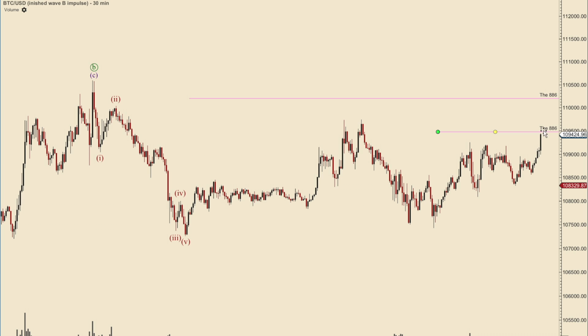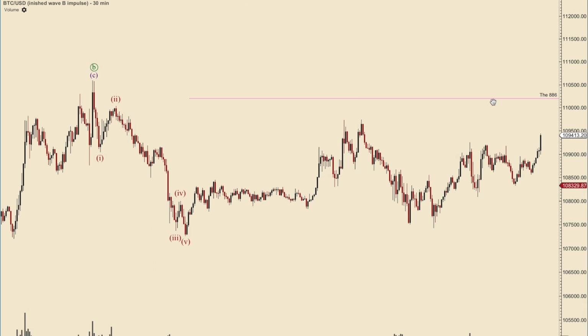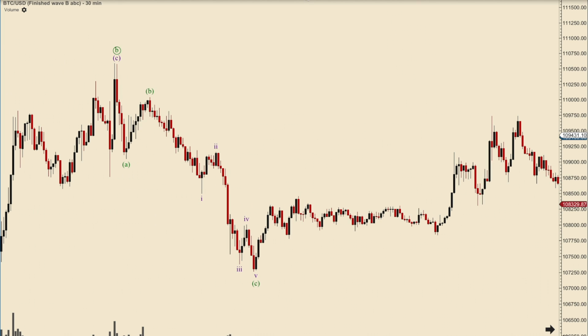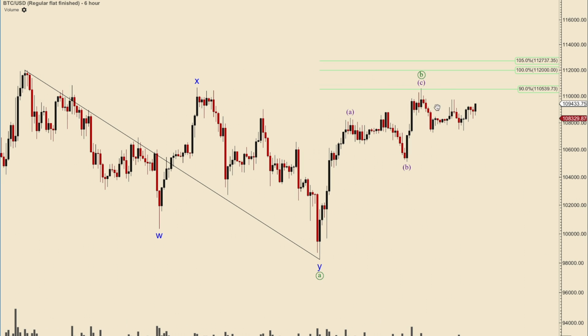And also, if this is a 1 and then we have a big 1 like an A, B, C, and if this touches this 886, this is taking from the start here to here. You can see the 886 here. Then it's very low probability that this is a 1 and that is a 2. Then we are looking more towards an ABC. So therefore, this scenario is unlikely, but it is a possibility.